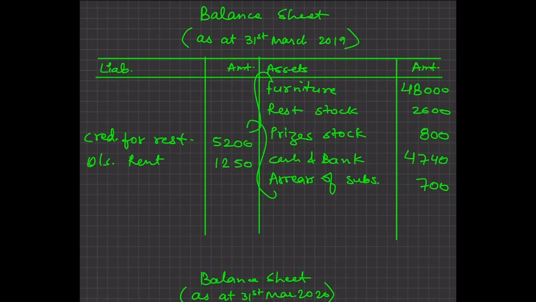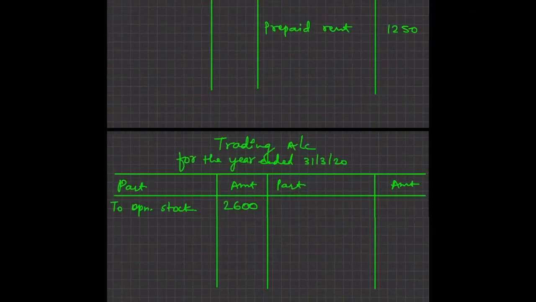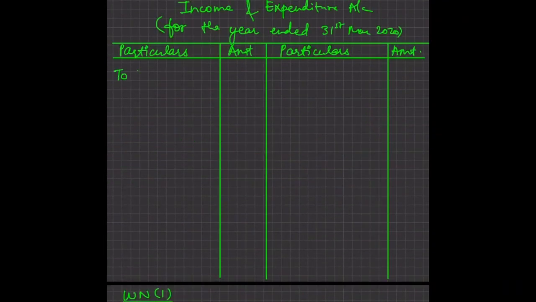And in your income and expenditure account, your rent expense would only be of 12 months. So it is 416.67 into 12, which would come to 5,000 rupees. I hope you are okay with this calculation.